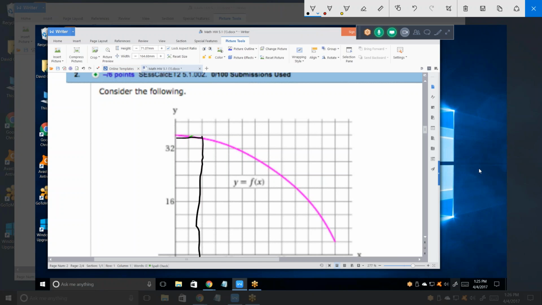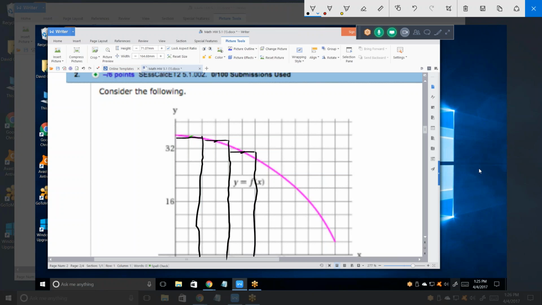The second one, there's the middle. So the second rectangle looks like that. The more curvature in the line, the more difference it seems to make.